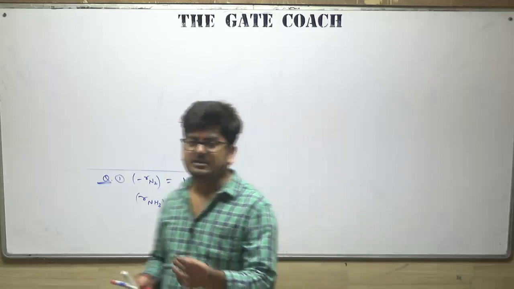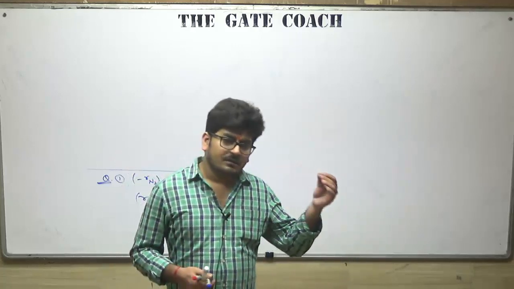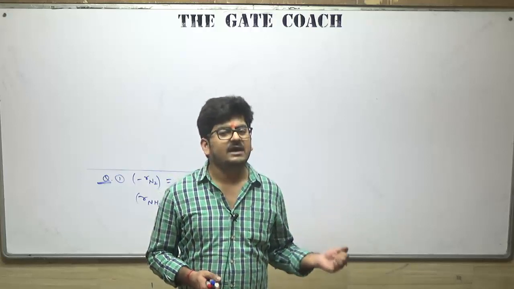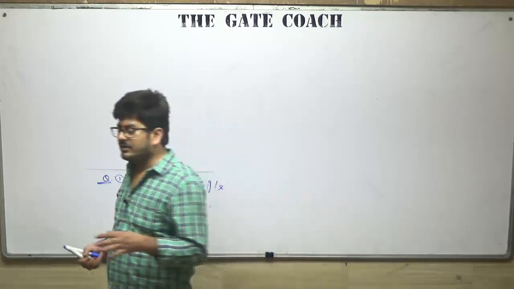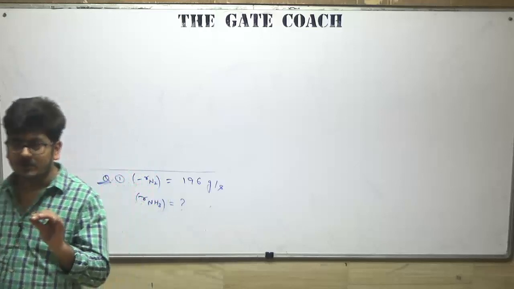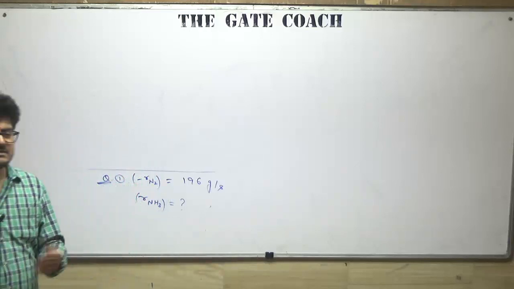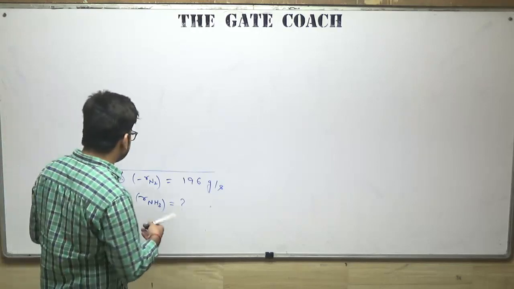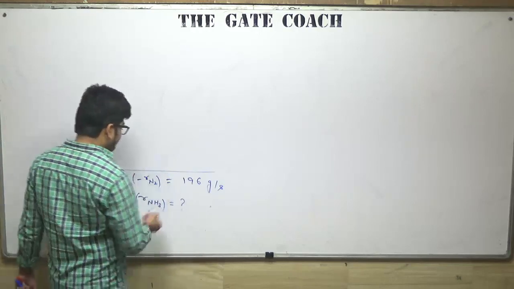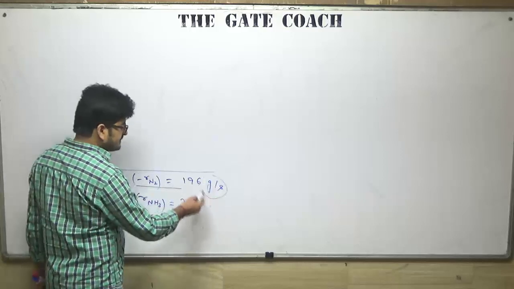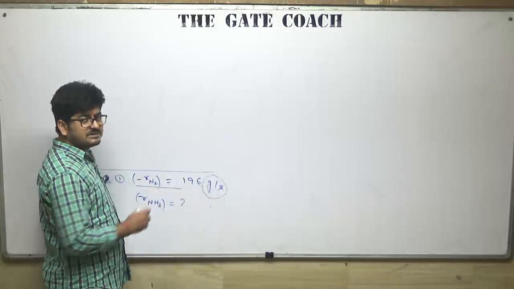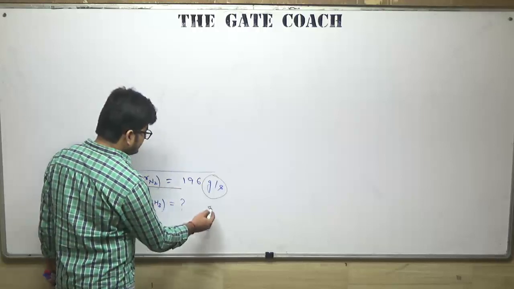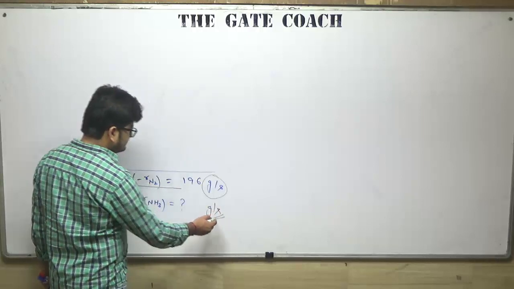If someone asks you a question in French or any other language, if you know that, then answer in that language. If you don't know that language, then obviously ask them to translate it. So now the data was given in gram per second, so our common sense says answer in gram per second. Simple.